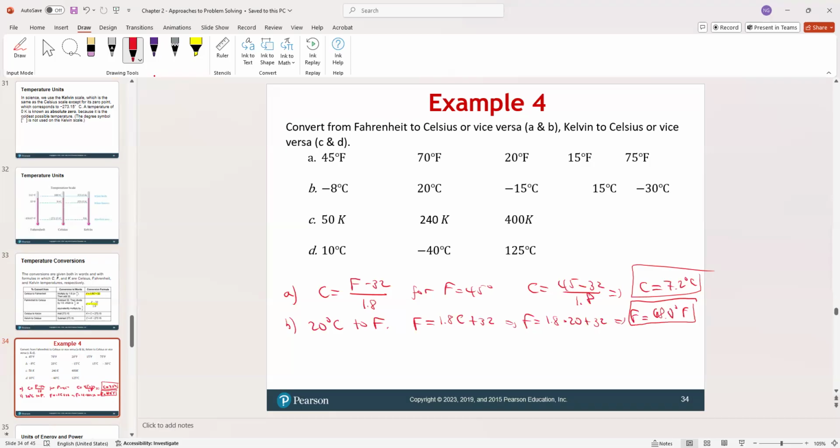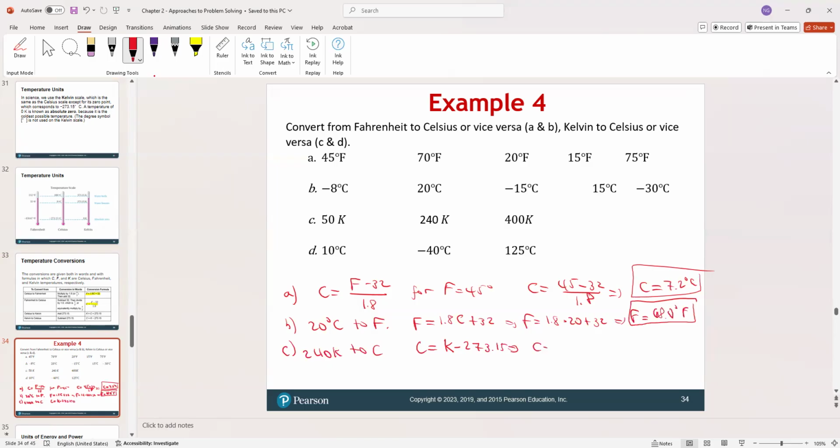If they say, for example, convert 240 Kelvin to Celsius, what's the formula to convert Kelvin to Celsius? Celsius would be K minus 273.15.